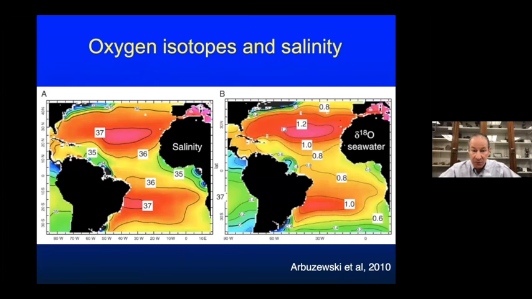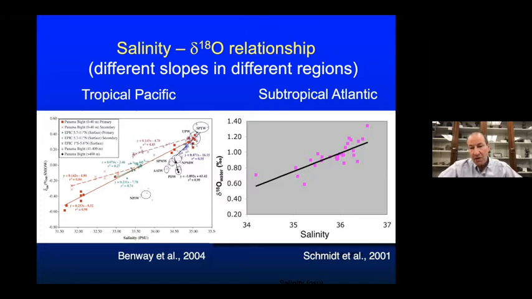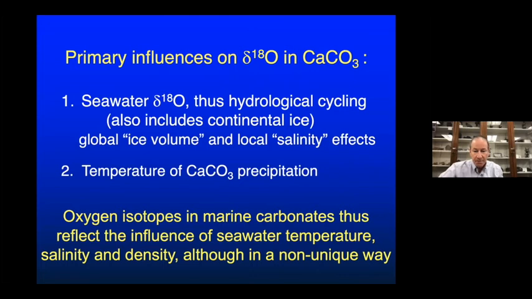This is a relationship that we can see with our eye, but it changes from location to location and largely as a function of latitude. So we have to be careful about quantifying salinity, although we can more easily quantify temperature.